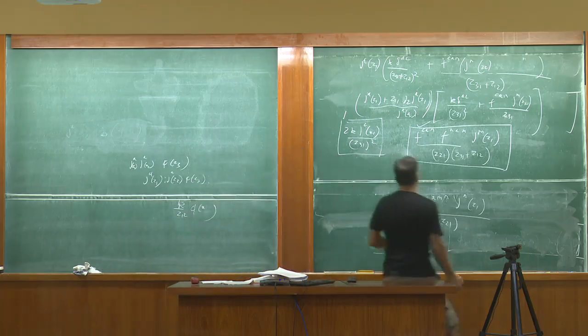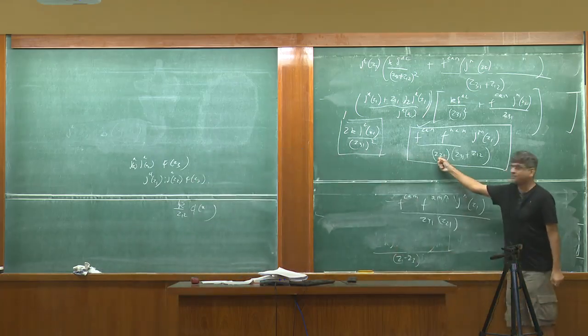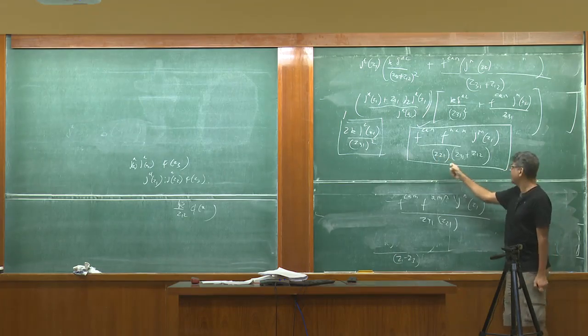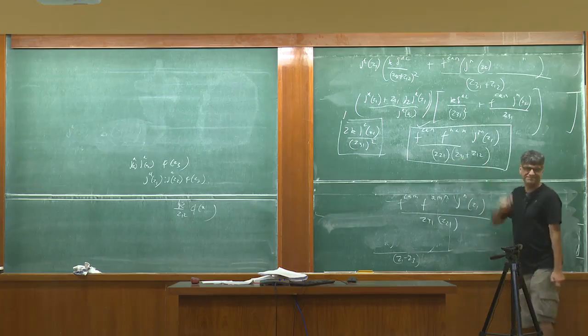I suppose now the subtlety is this point. Because this has a Z21 down in the denominator, we need to Taylor expand here.